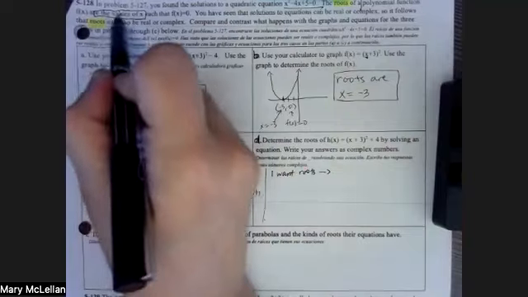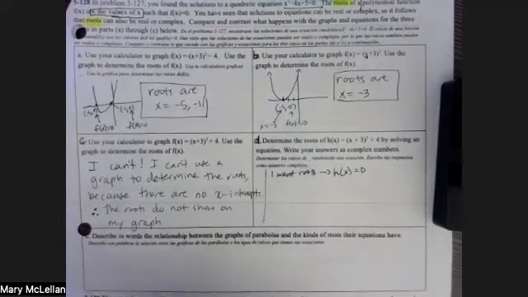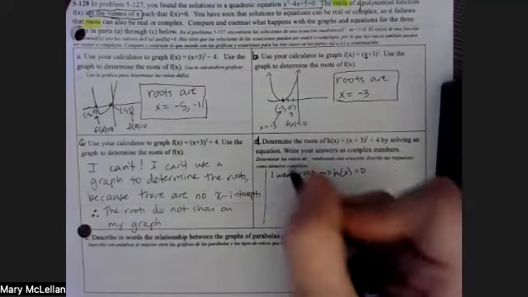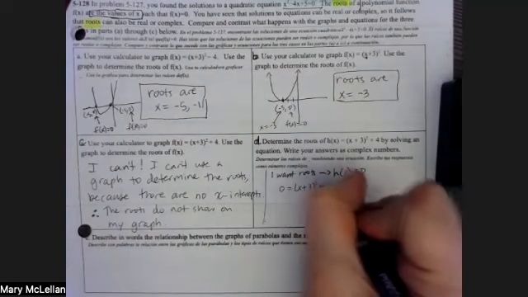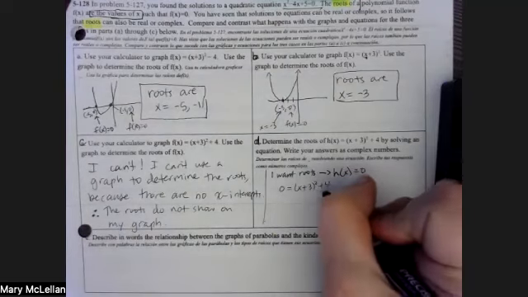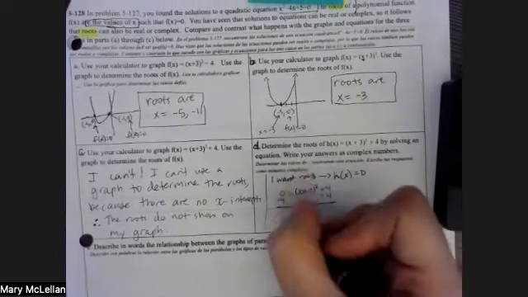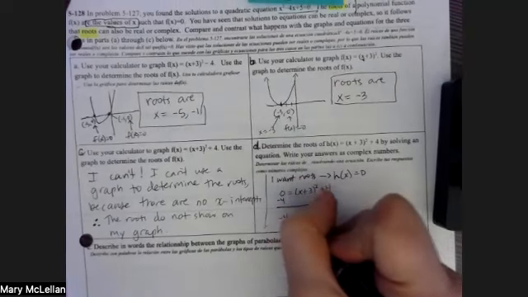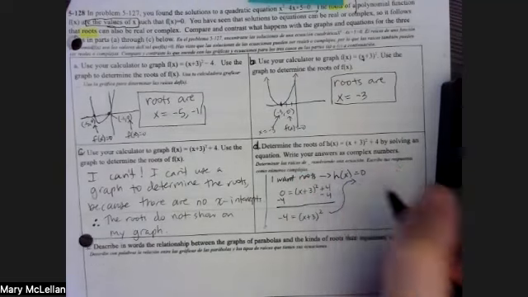So I set the function to 0, just like I would if I were finding x-intercepts. So I have 0 equals x plus 3 squared plus 4. I subtract 4 from both sides because I want to be able to take the square root, and I have -4 equals x plus 3 squared.